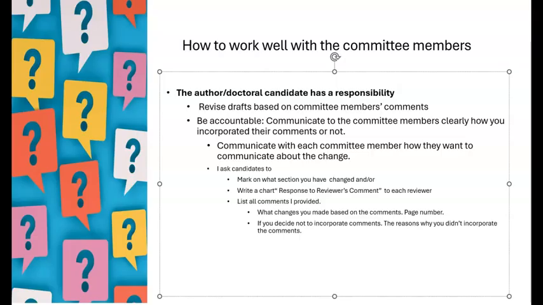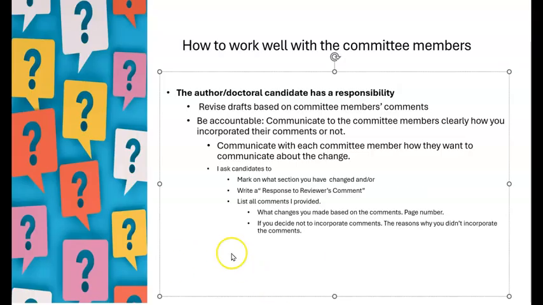For example, in my case, I ask my advisees to mark which sections of the draft you have changed or not by highlighting the part you have changed. I also ask my advisees to write a document called Response to Reviewers' Comments.